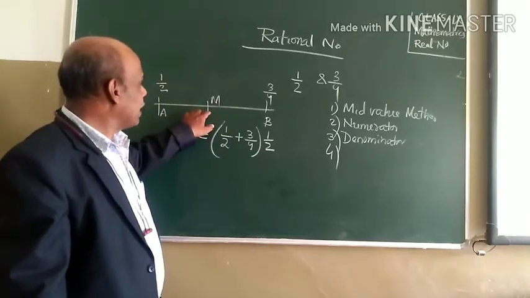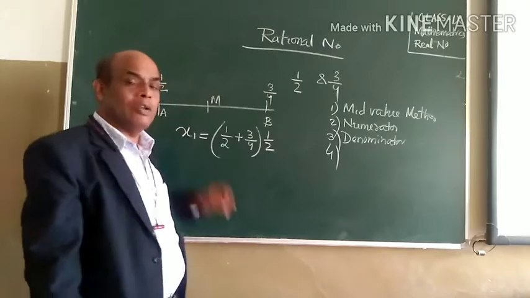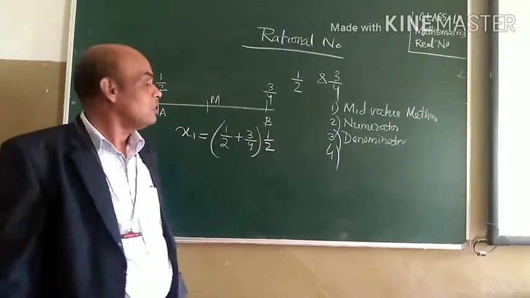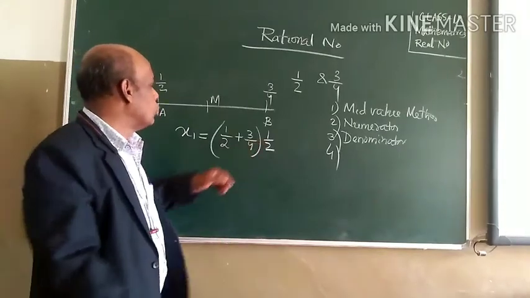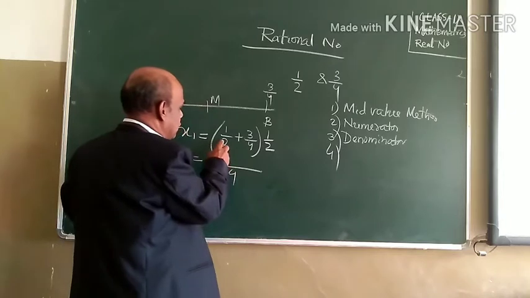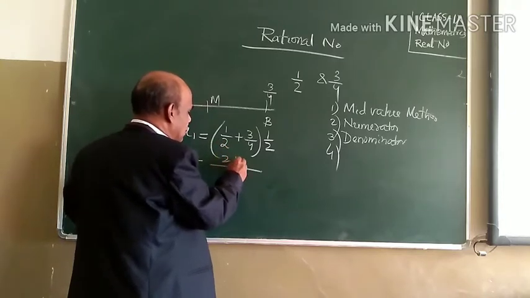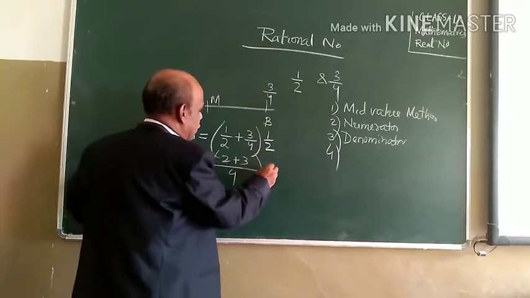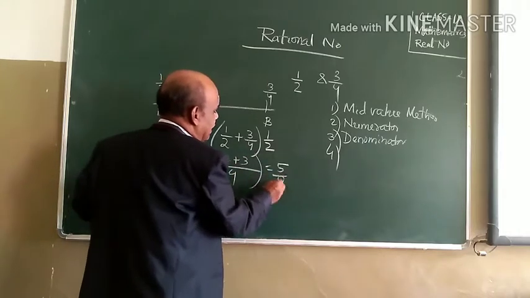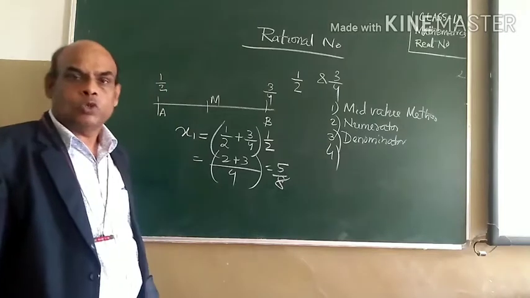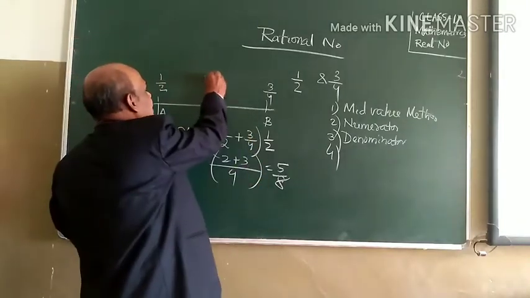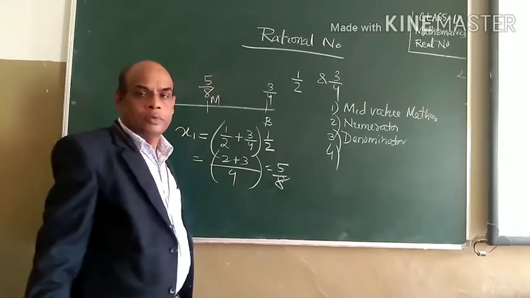So the mean value is the first rational number plus the second rational number divided by 2. The LCM is 4, so I got 2 plus 3, that is 5 by 4 into 2, 8. So the first rational number is 5 by 8.